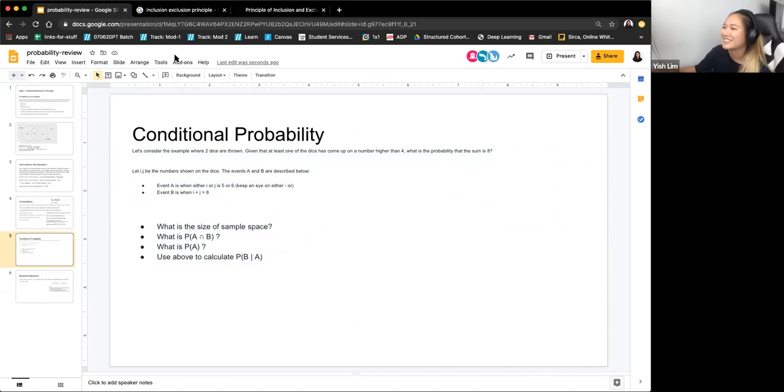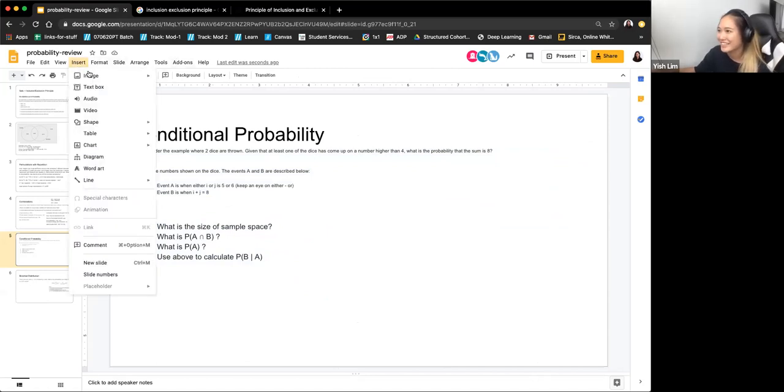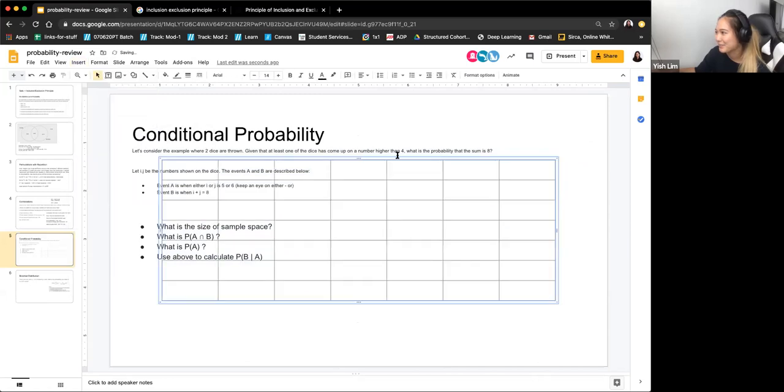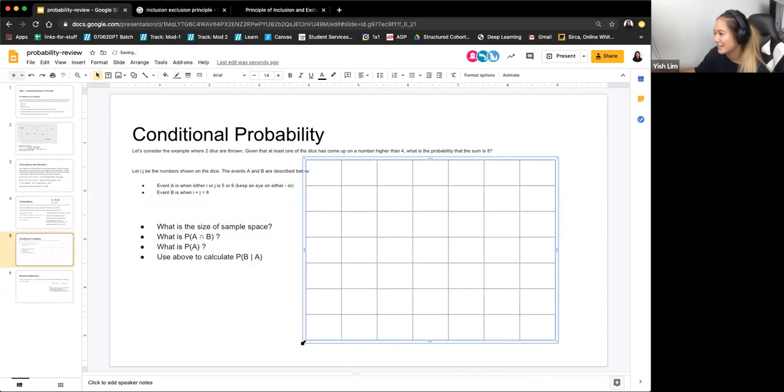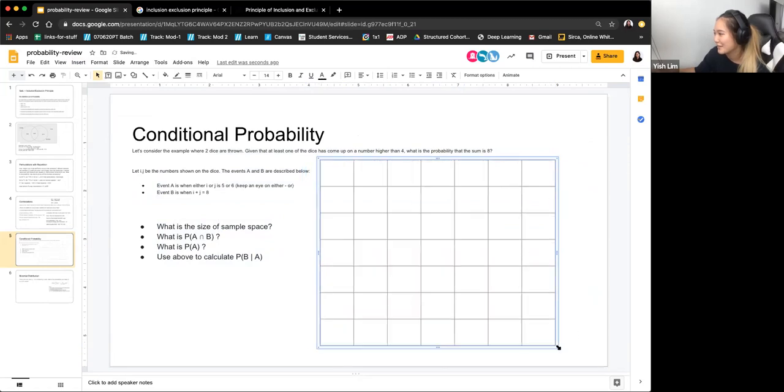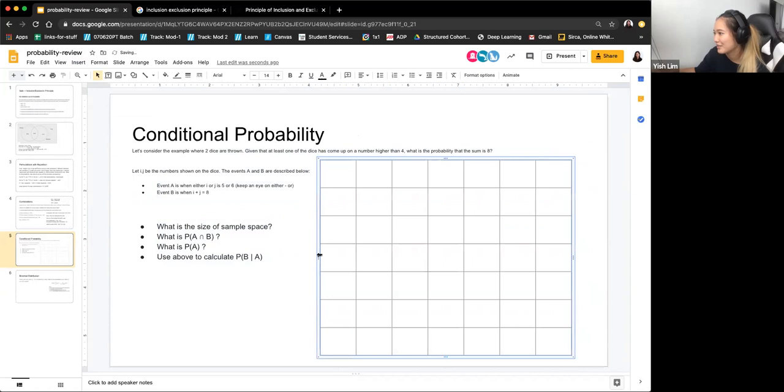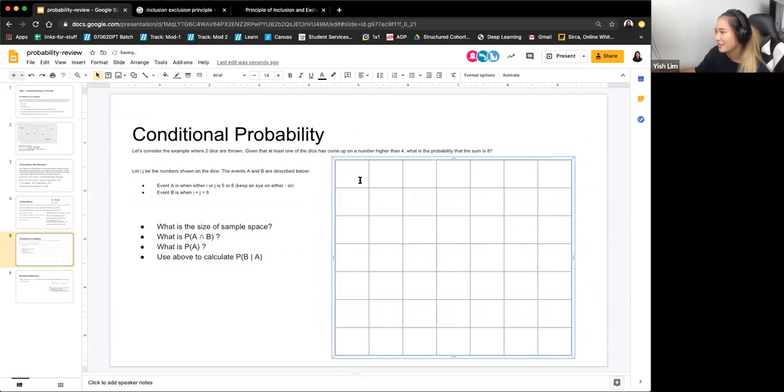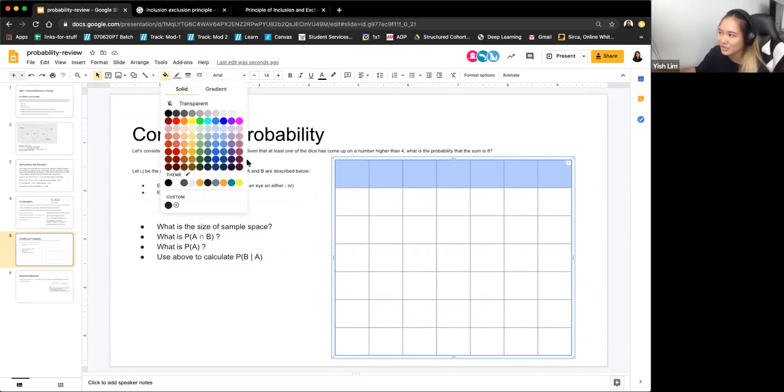All right. So the way I like to set this up is with a table. Doesn't seem very apparent at first, but we'll see. So in this scenario, we have 2 dice. This is one of the questions that I like to do visually.